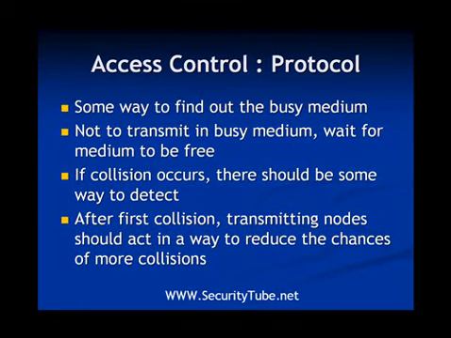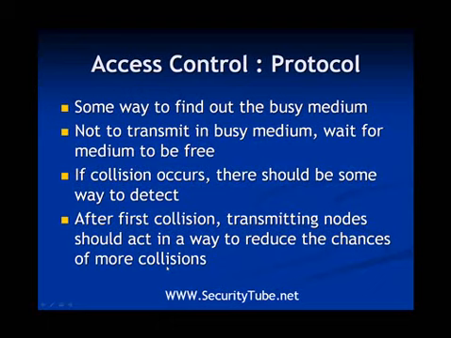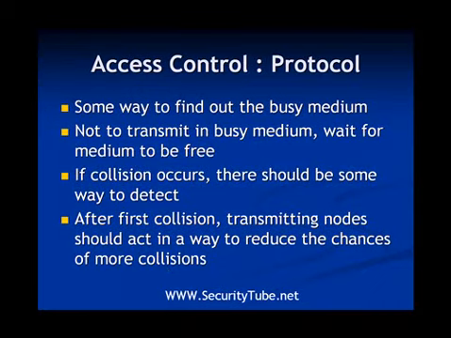Now if rule 1 and rule 2 are obeyed and a collision still occurs, there should be some way to find out that a collision has occurred, and after the first collision the transmitting node should act in a way that reduces the chances of more collisions. If all of these rules are obeyed, the collision probability will be reduced, and if a collision occurs, there will be some recovery steps.